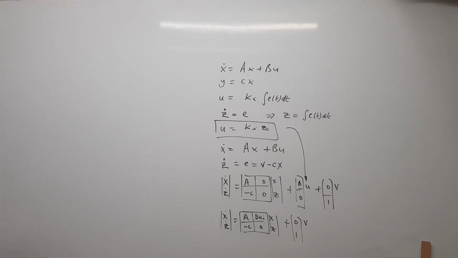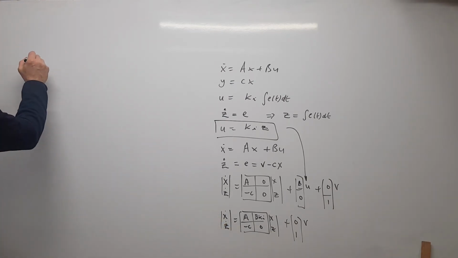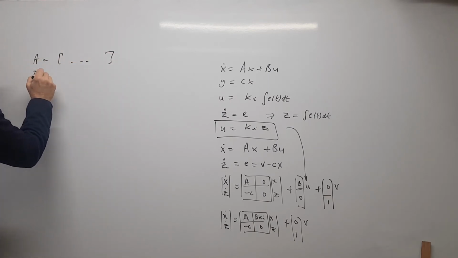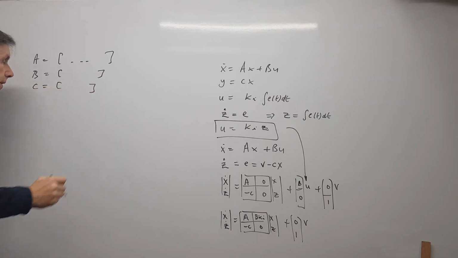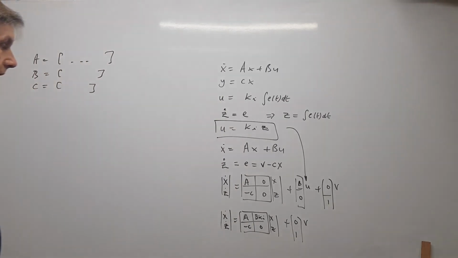Right, so here you go now. We need to form this matrix here. So we'll have A equals, that'll be our previous A, B equals, and C equals. This will come from the previous example. We're putting in the state space equations.